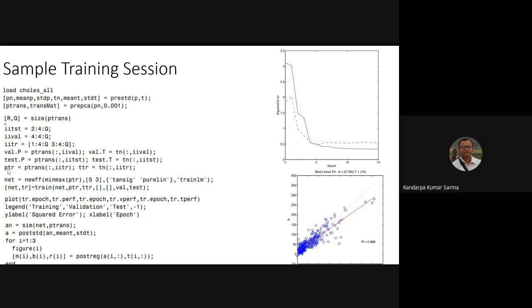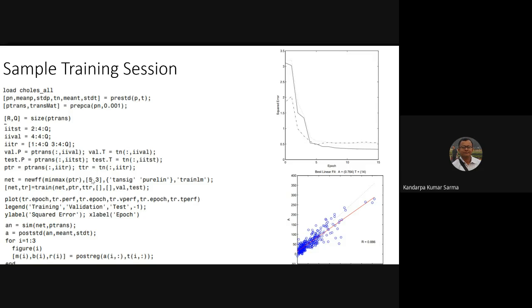So here we use the PTR to be the pattern vector. Similarly, we use the TTR to be the target vector. Once we do that, we now formulate a feed-forward network, which will take the minimum and maximum values row-wise, with 5 perceptrons in the middle layer and 3 perceptrons in the output layer.